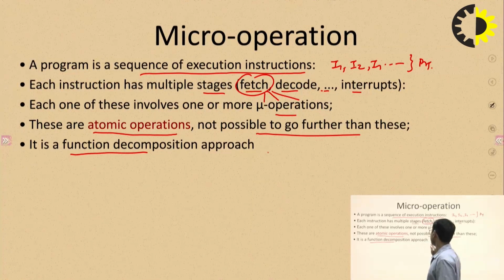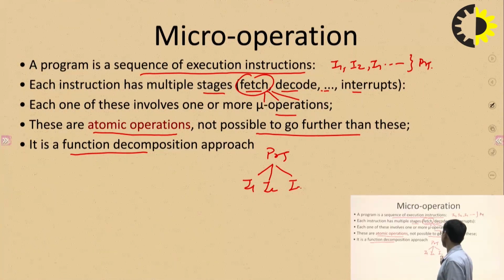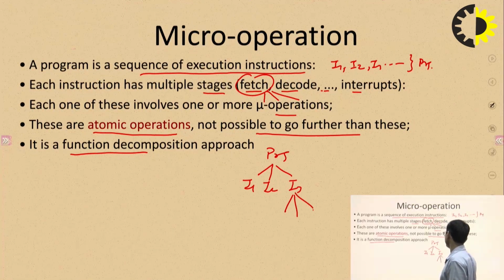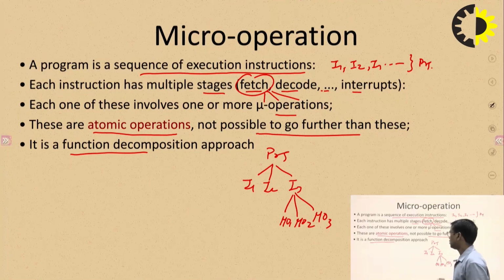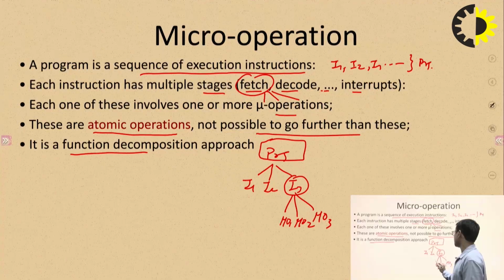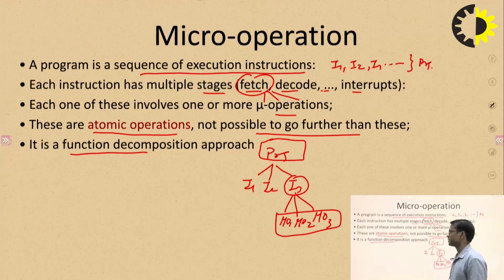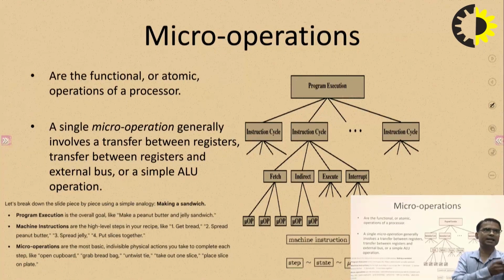So a program is divided into instructions, and an instruction is further divided into microoperations and so on. So we are dividing a program as a function into multiple instructions, and then a particular instruction is divided into multiple microoperations.